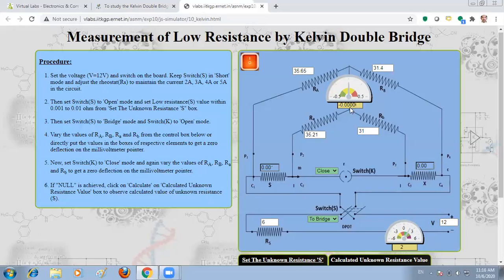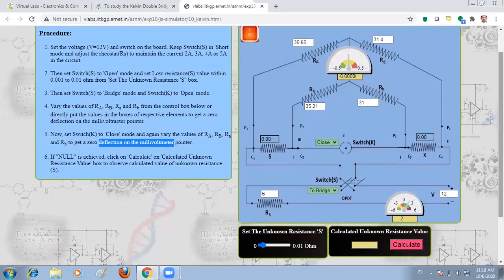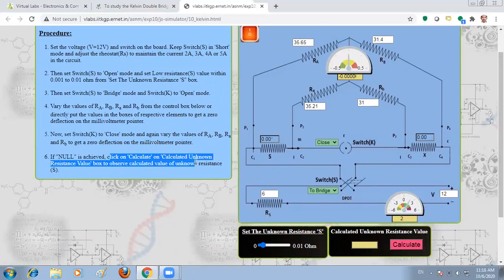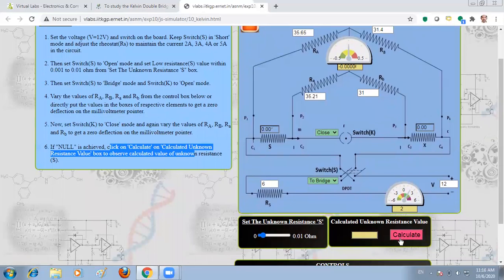Now here we are getting approximately zero deflection in this millivoltmeter. Now if null is achieved, click on the calculate unknown resistance value box to observe the calculated value of unknown resistance S. So now here we have to click on this calculate button.